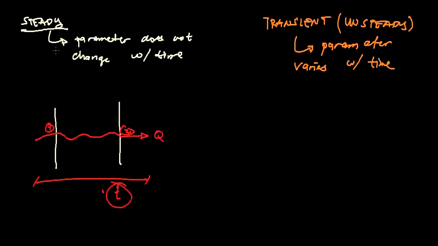As we can see here in steady, at any time the Q does not change. So let me have a comparative example. Say we have here the transient condition. So maybe at time 1, our Q or our heat flux is this much.